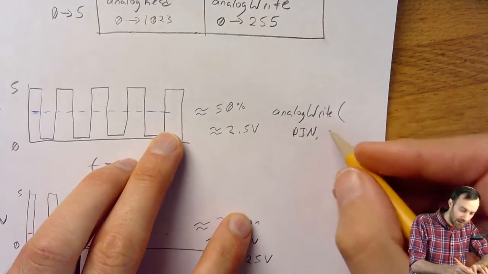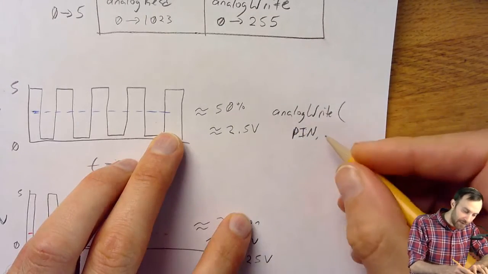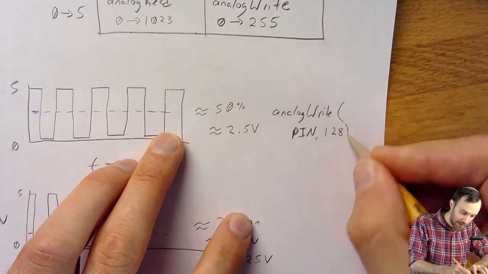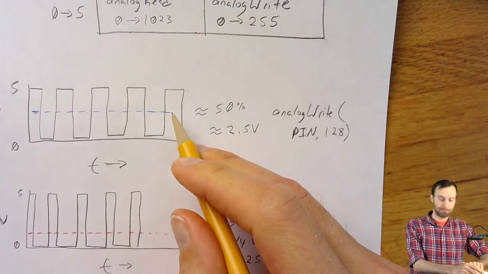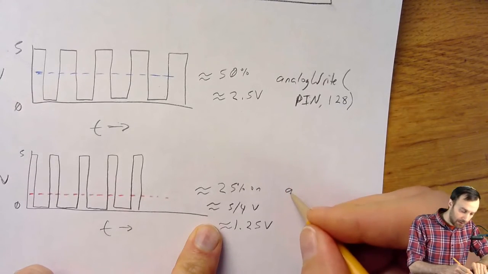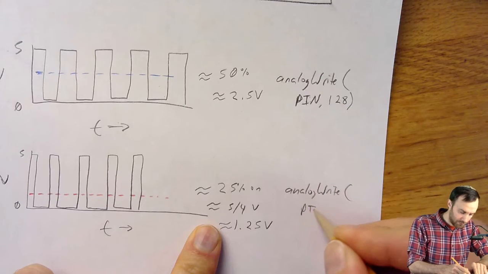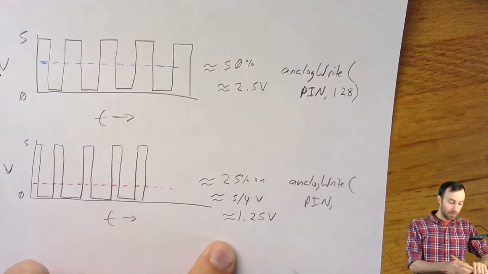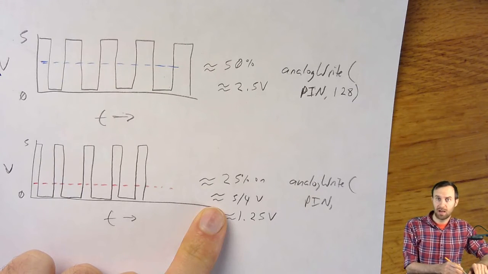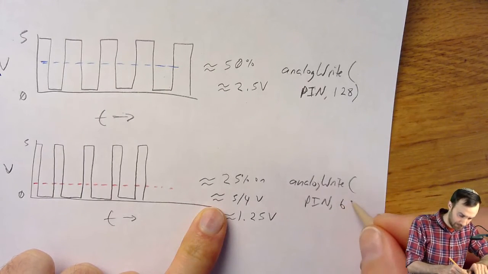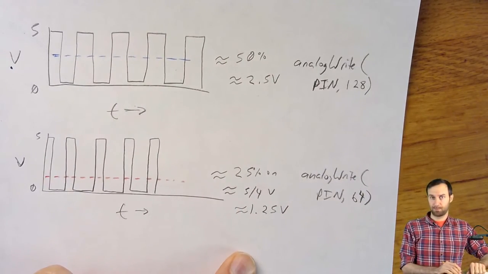So you'd say analogWrite pin, whatever your pin number is, so think of the number 3 or something, and then the number 128. That would produce this behavior on that pin, on pin 3. If you wanted it to be 25% on, 1/4 of 255 is about, we'll call it 64. So 64 will be 1/4 brightness.